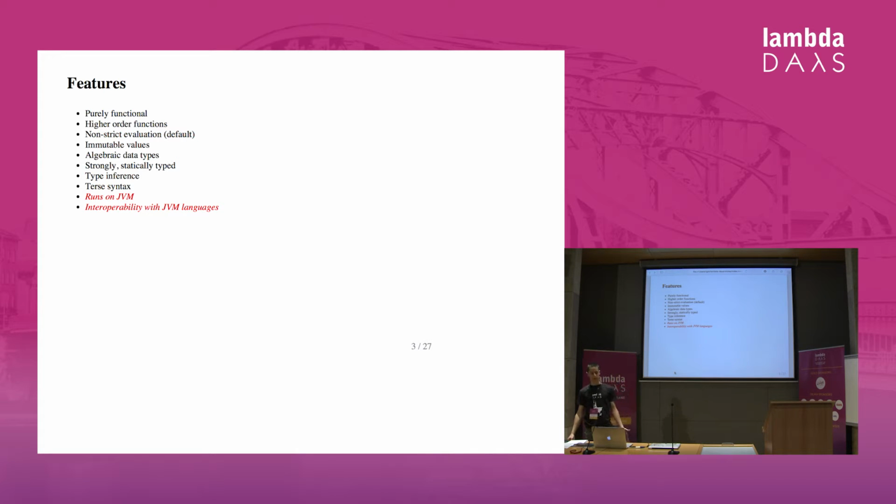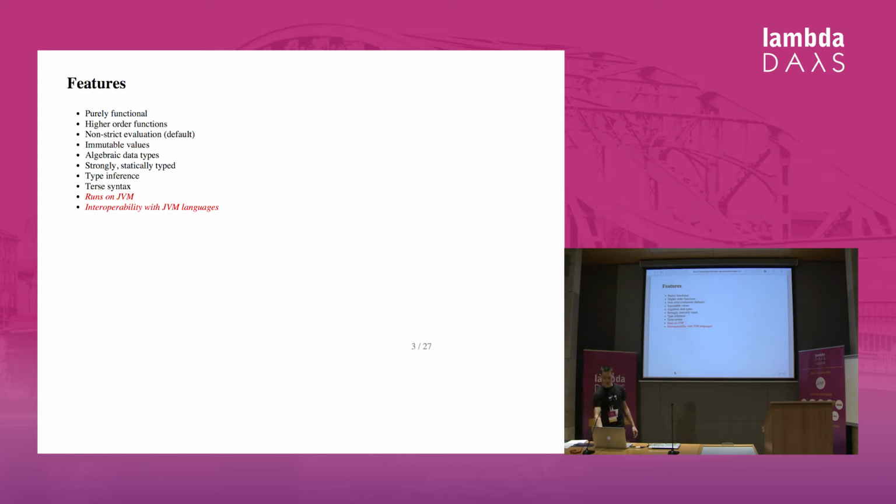And there are algebraic data types. Typing is strong and checked during compile time. The compiler helps with type inference, and syntax is terse. Keywords are short. There are few of them. And these two features in red are key features of Frege.